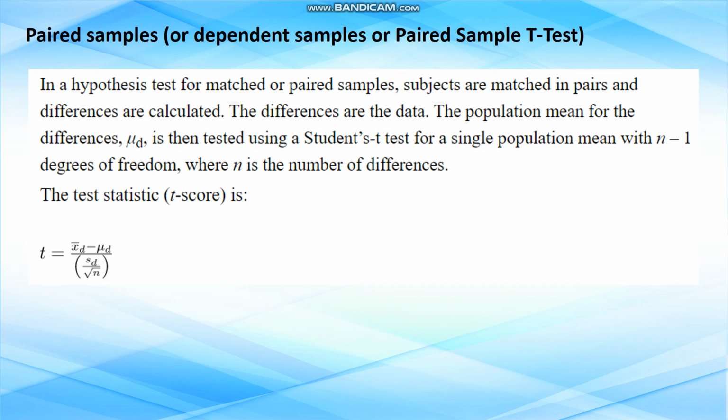It is then tested using a student t-test for a single population mean with n-1 degrees of freedom, where n is the number of differences, and the test statistic t-score is equal to x bar d minus mu d divided by SD, the standard deviation, divided by the square root of n. You can calculate the t-score by using this formula.